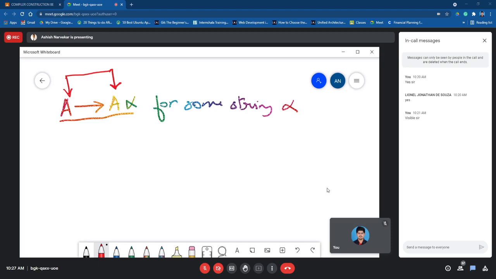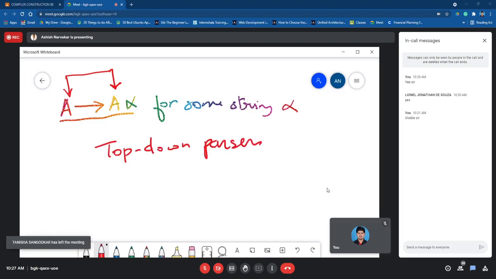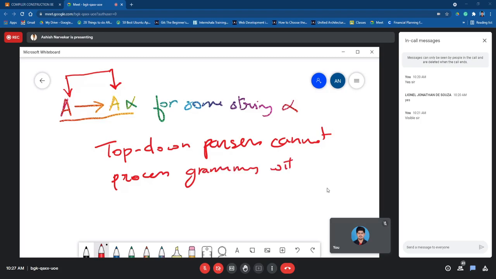So now, what is the problem with left recursion? At this point of time, it may not be very easy and convenient for you all to understand. But just to mention, the problem with left recursion is that, as I mentioned, it can cause a grammar to enter an infinite loop. And moreover, top-down parsers cannot process grammars with left recursion.